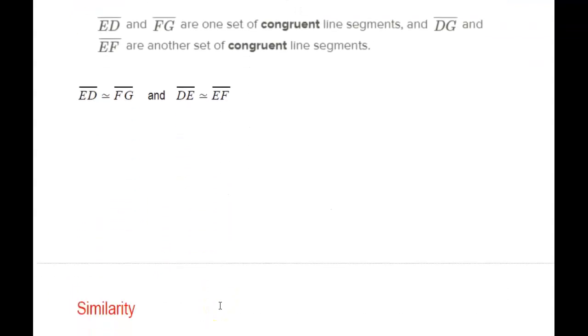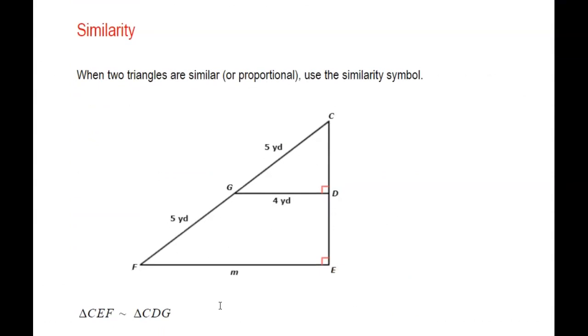Let's move to the third symbol that we're going to be talking about, and that is similarity or similar. Now, with similar figures, you don't use slash marks. Similarity basically means that your two figures are proportional to one another, and you set up proportions. There's a different video to show you what that is, but what I wanted to show you here are two triangles that are similar.